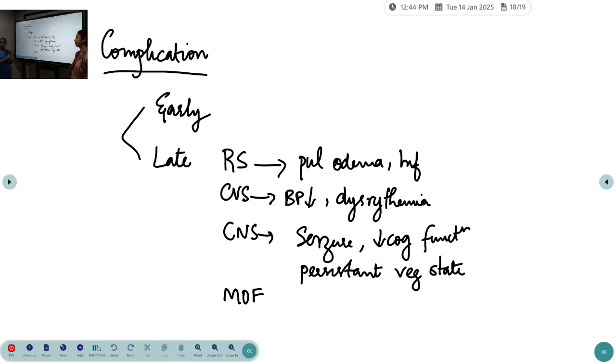In CVS, the patient can go into hypotension and can develop dysrhythmias. Coming to the CNS, the patient can have seizures, low cognitive function, and can go into a persistent vegetative state because we are doing CPR for a prolonged time. The patient can also develop multi-organ failure. So these are the most common complications post hypothermia resuscitation.